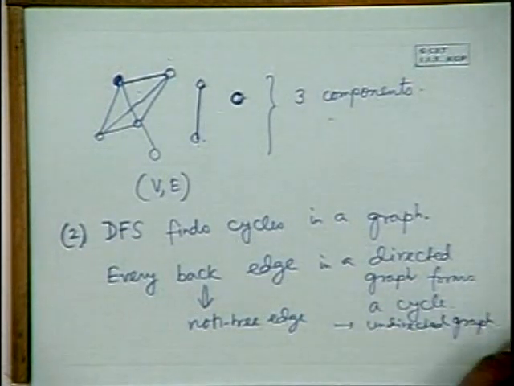Suppose a graph is connected and I tell you there are n vertices in the graph, and there are say m edges in the graph. Can you tell me how many non-tree edges can be there? If the graph is connected and suppose it has n vertices and m edges, how many non-tree edges can it have?